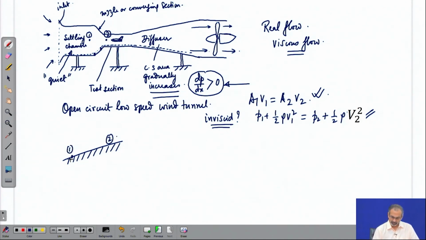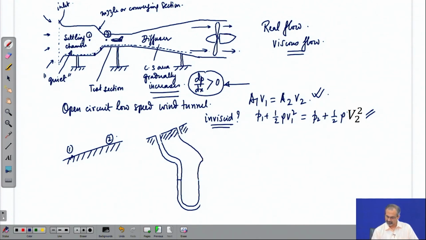If you look very closely at those 2 points, there will be 2 slots made on the wall, and some tubing is provided from that slot all the way up to a manometer, where it is connected to one limb of the manometer, and a similar small port is made at point 2, from where another tube comes and joins the other limb of the manometer.